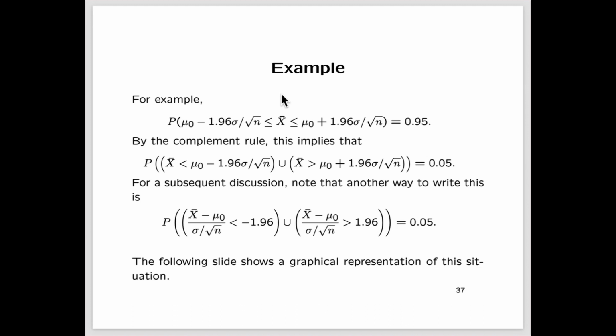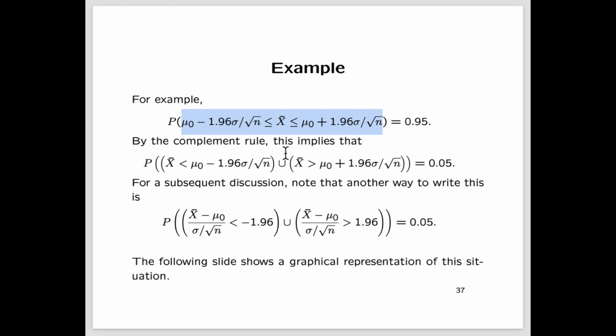Now, by the complement rule, the probability that we get a hold of a sample for which this event does not occur will be 1 minus 0.95, and so the probability of that event is 0.05. Well, what is the complement of the event that x bar is within 1.96 standard errors of mu sub 0?